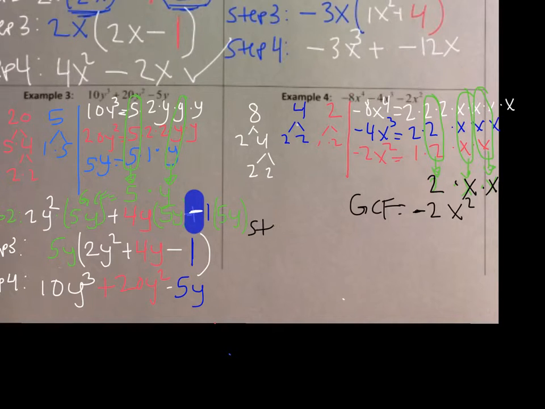So step 2, we're going to write the terms as a product by using the greatest common factor.